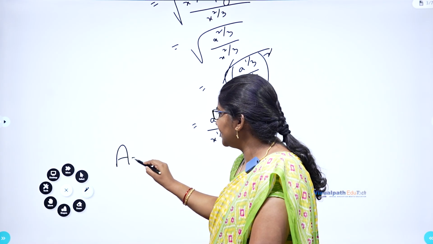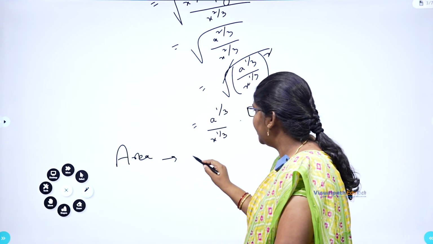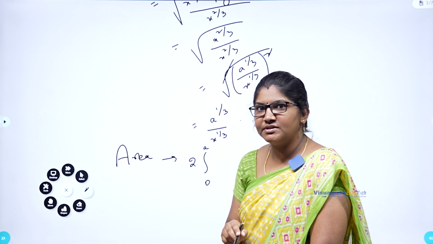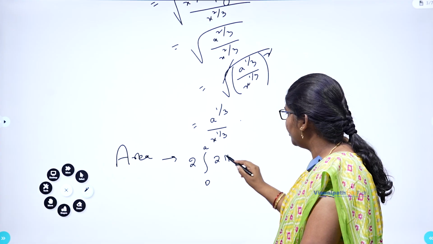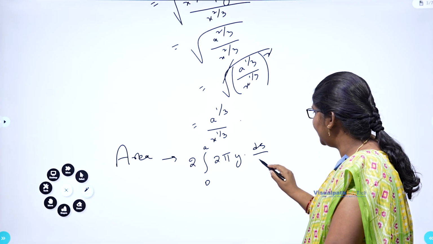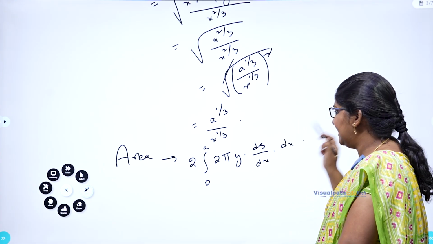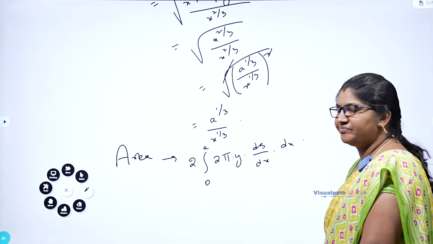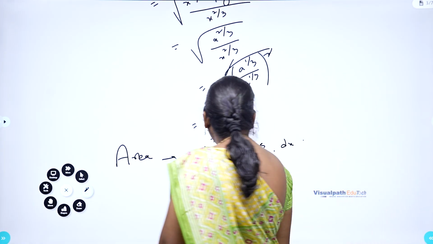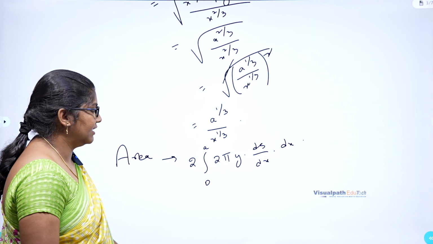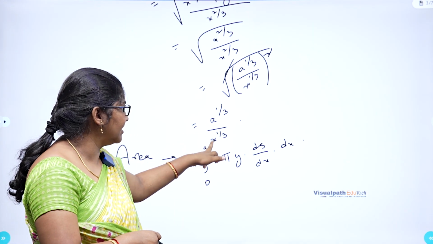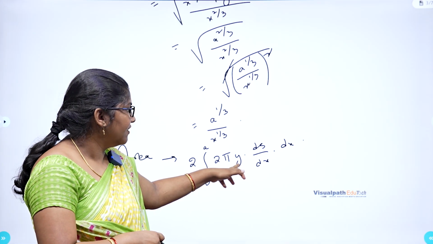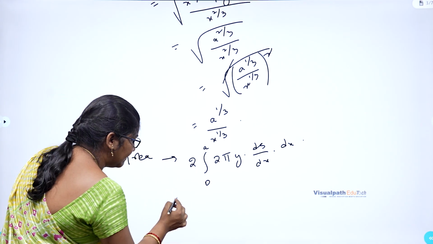Now, what is the formula for area? 2 times integral 0 to a, 2 pi y ds by dx into dx. Here a power 1 by 3 by x power 1 by 3 is ds by dx, and we have y also from the given question.